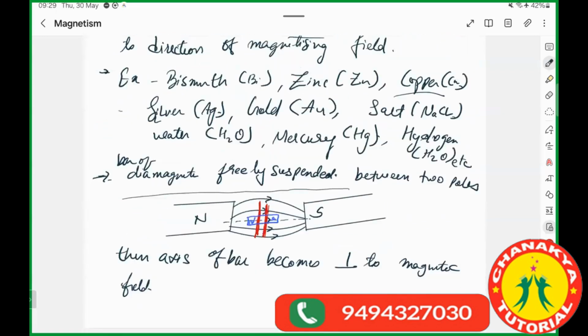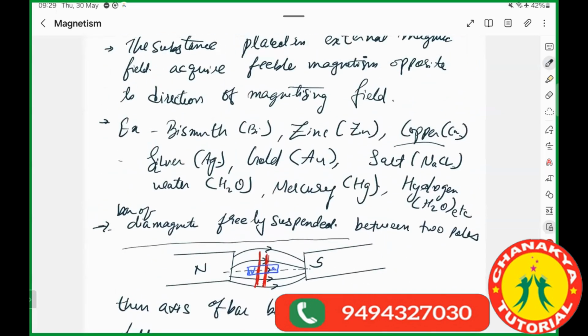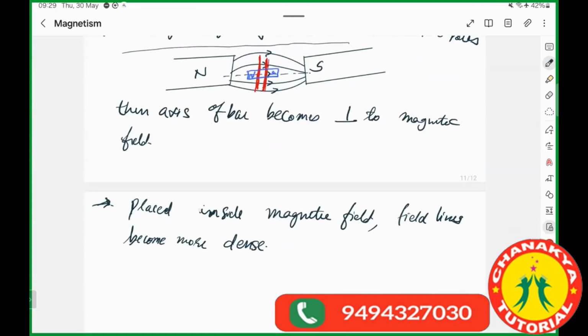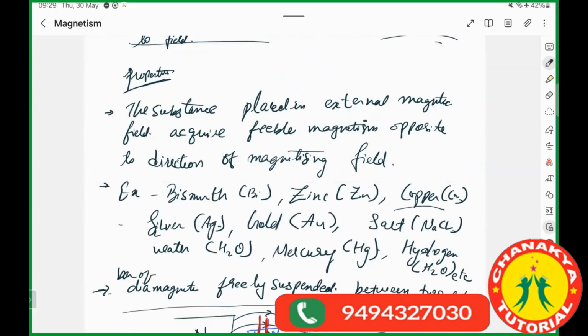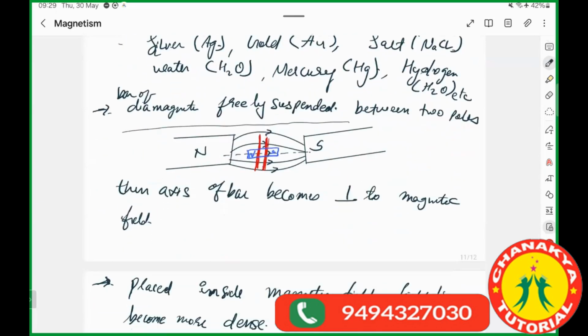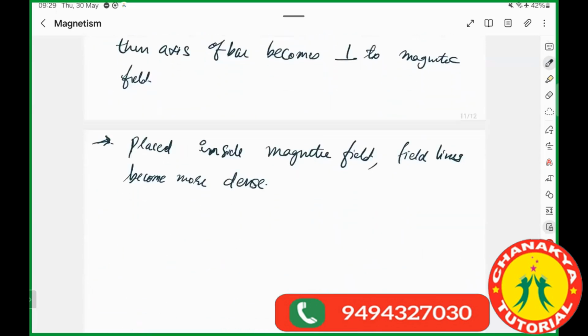So in short, what we are concluding here is that they have a strong repulsive force, but still it is a diamagnetic substance. If it is a diamagnetic substance, it gets feebly magnetized in the opposite direction.